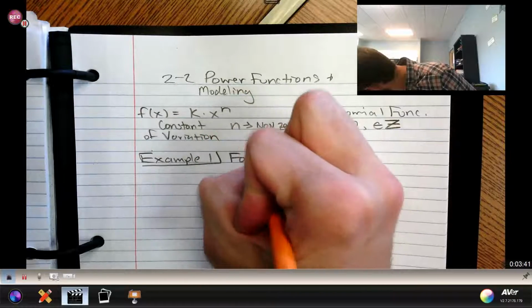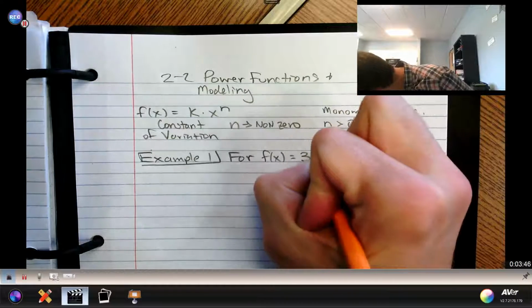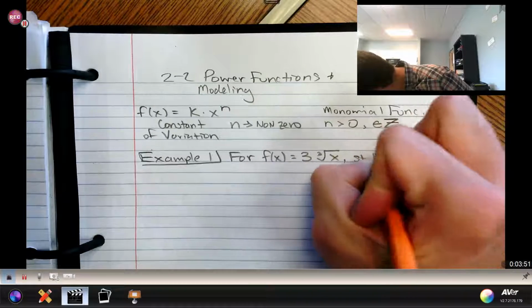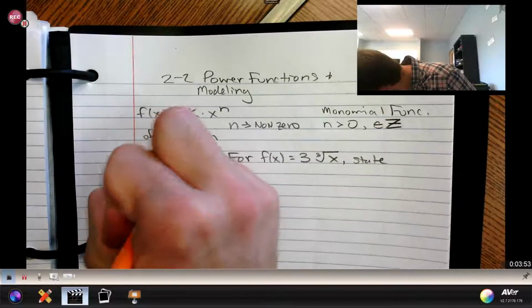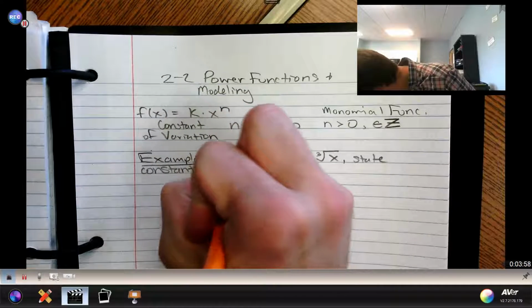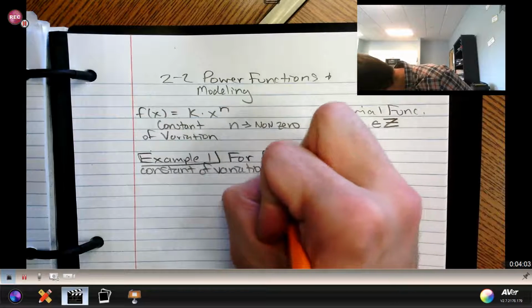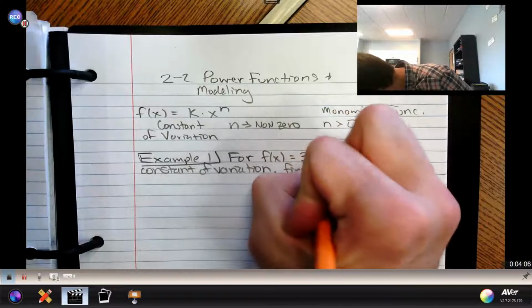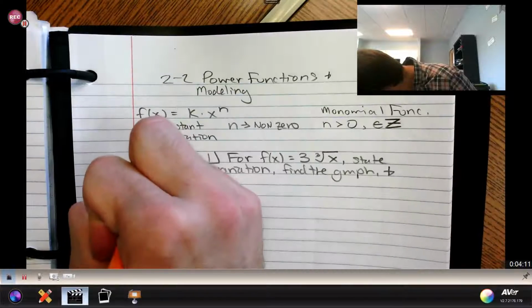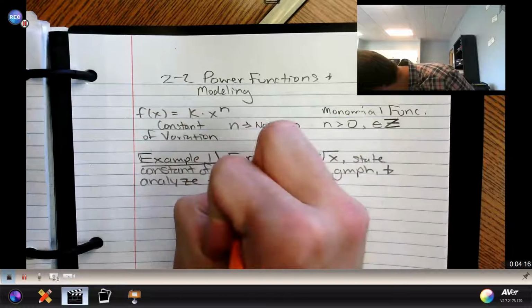For f of x equals 3 cube root of x, state the constant of variation, find the graph, and analyze the function.